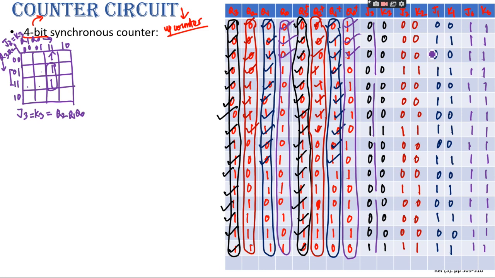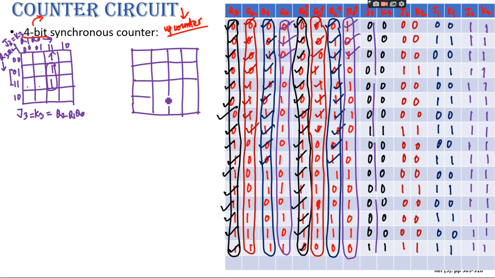So now if I try to do the K-map for J2 K2, what should I put? 0 0 0 1, 0 0 0 1, then again 0 0 0 1, then again 0 0 0 1, and finally again 0 0 0 1.